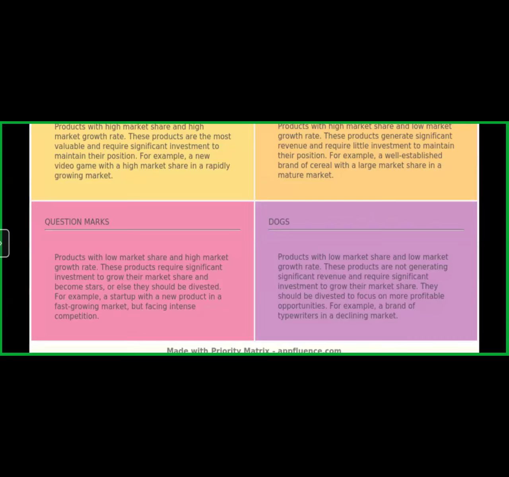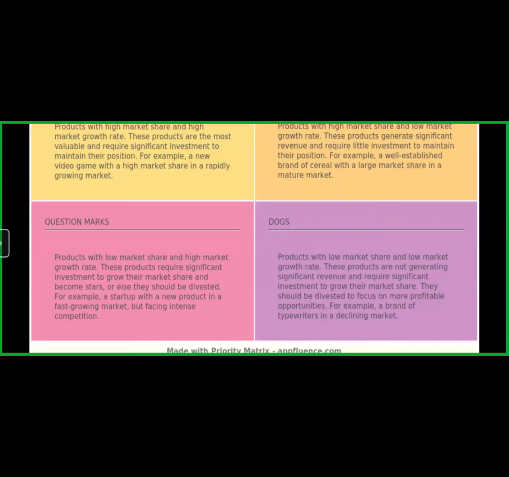Another example is, as I have told you, that Amul makes many things. Now, one such thing is ready to eat pizza. They have added ready to eat pizza also. But what is the market share of Amul pizza? It is very, very, very low.